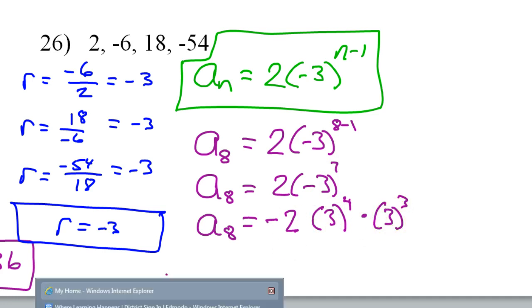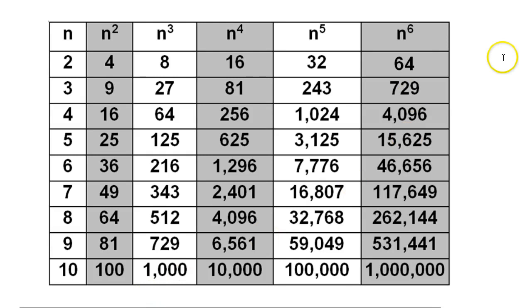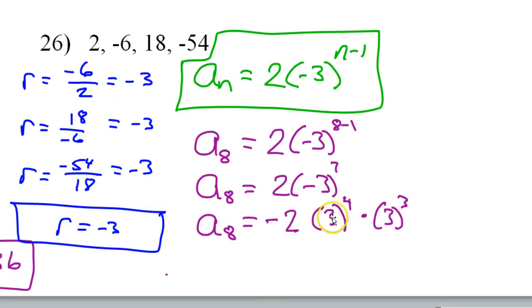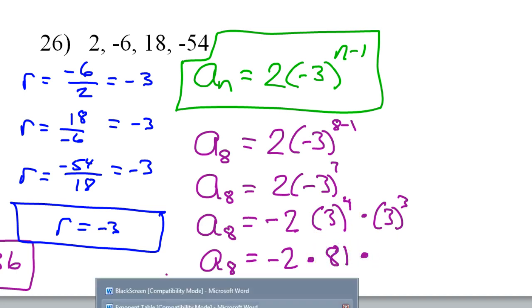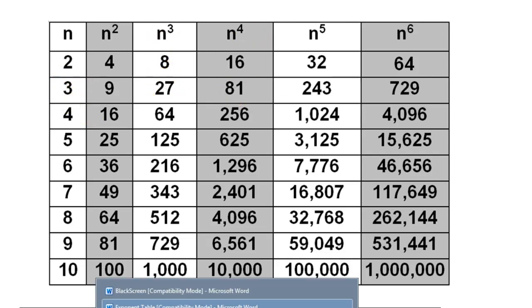The reason I did that, again, is because the chart doesn't go up to the 7th power. So by doing this, I can actually finish the problem. So the 8th term will be -2 times, let's see, 3 to the 4th power, I believe, is 81. Let's check that out. 3 to the 4th power is 81. Now 3 to the 3rd power is 27.